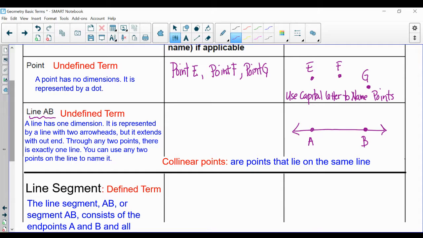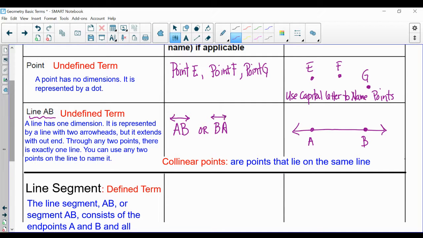Through any two points, there's exactly one line. To name this line, I write the letters A, B, and draw the little symbol for a line above it. I can also call it BA.